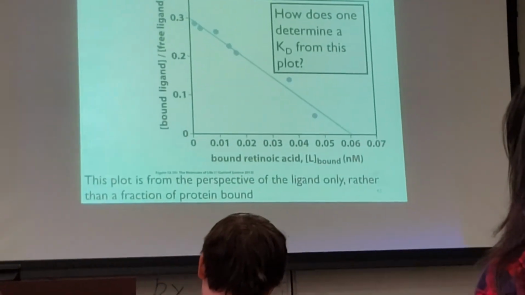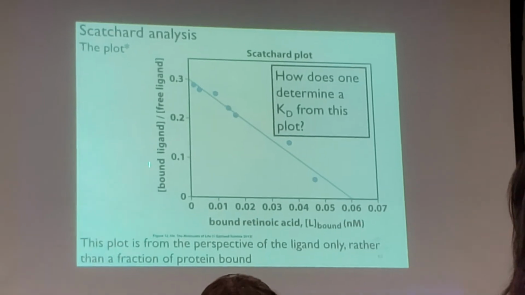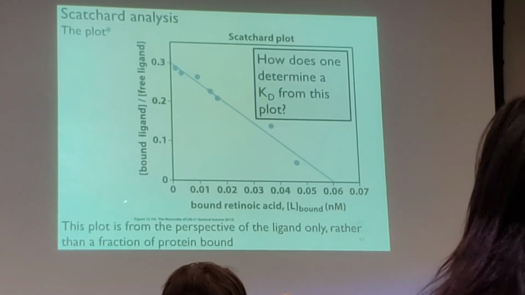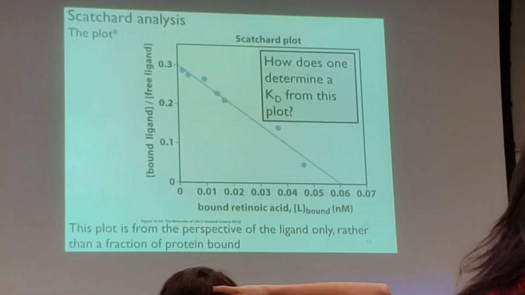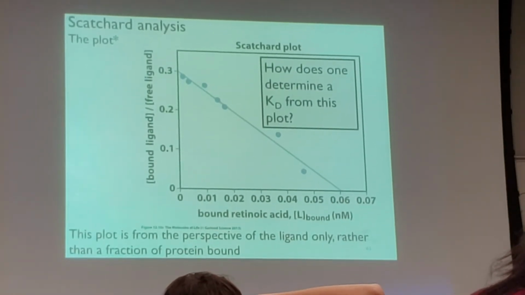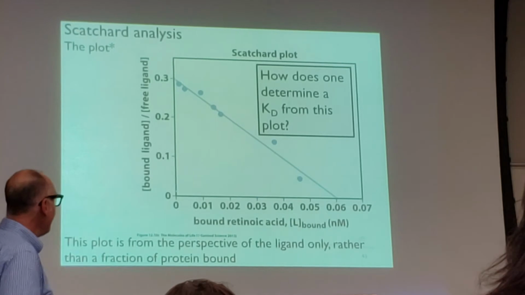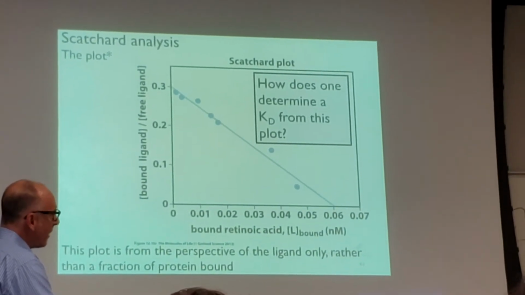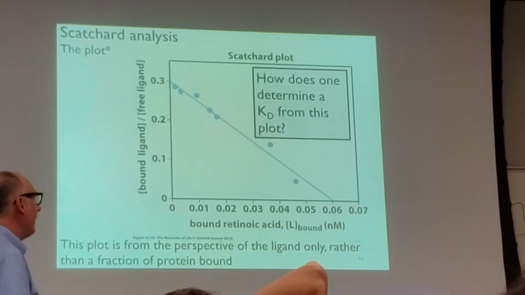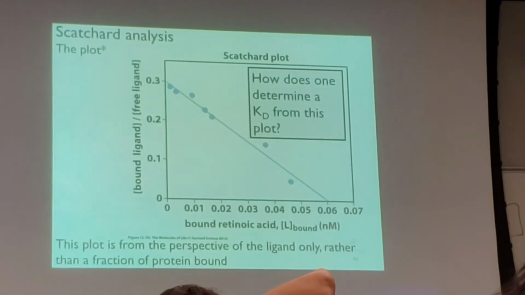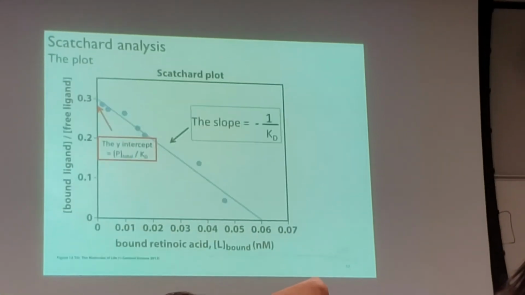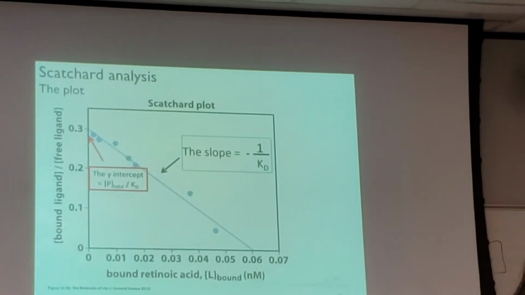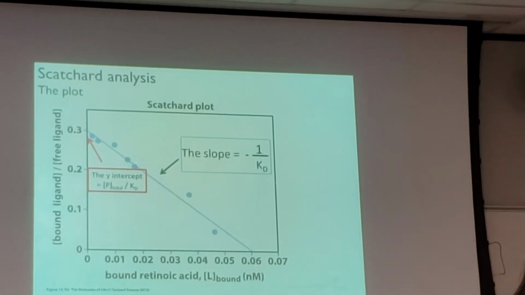So here's the plot. Here I'm plotting bound ligand over free ligand, that relationship, as my Y, and then I'm just plotting L bound on my X. I can determine a lot of things from this, which is really helpful.